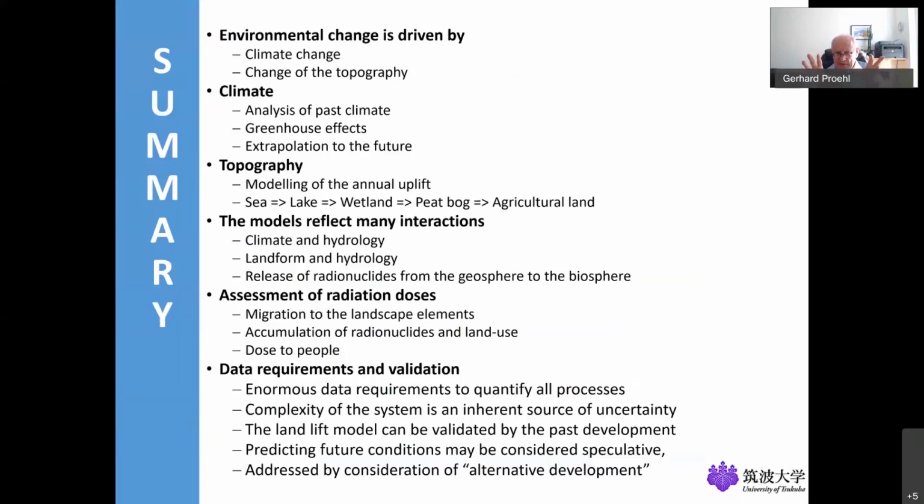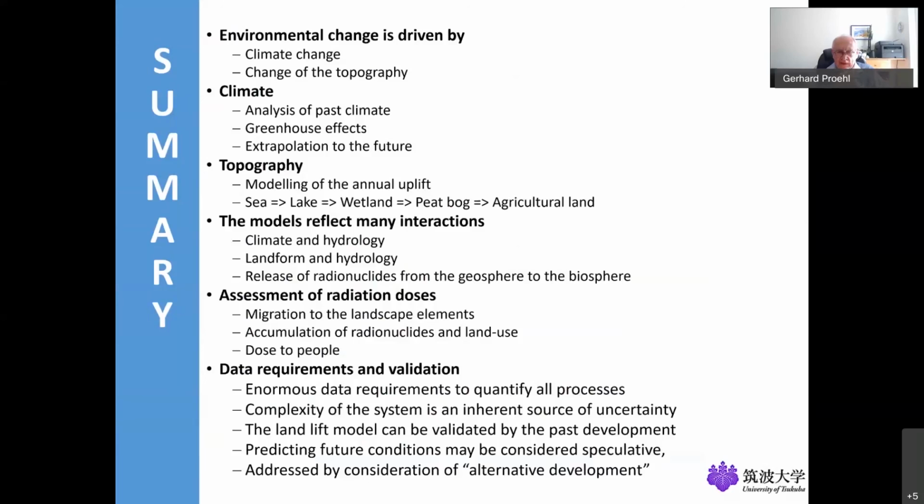The models reflect many interactions. I could not go into the detail on that, but we have seen that there is interaction between climate and hydrology, between landform and hydrology, and also the release of radionuclides from the geosphere to the biosphere is taken into account.